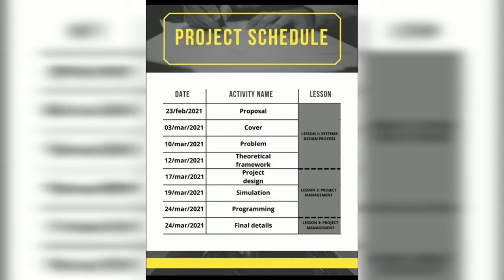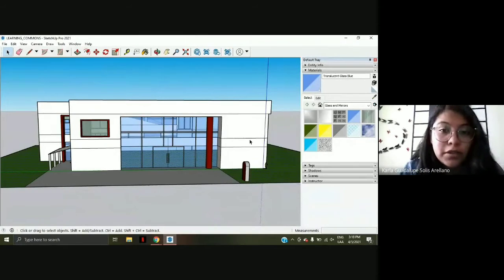We can see we have 3 lessons. Well, in this part we have the dates, as I already said, and that's it for the project schedule.